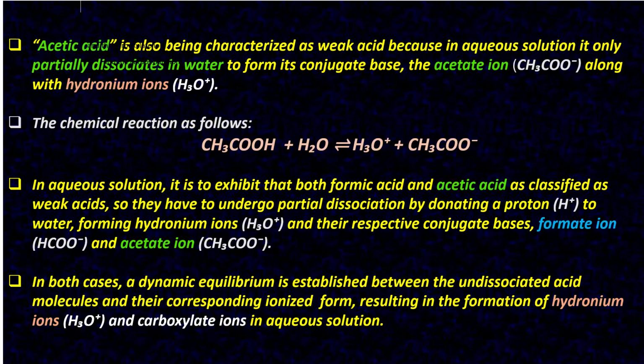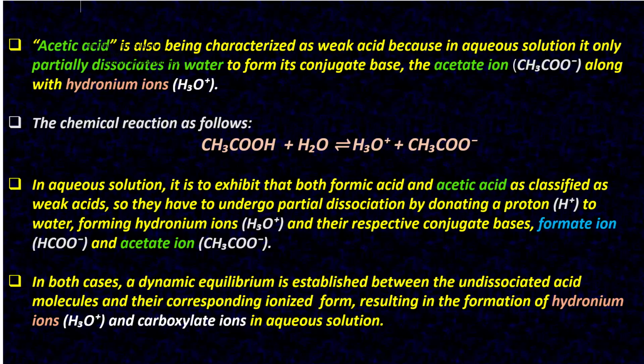Acetic acid is also characterized as a weak acid because in aqueous solution, it only partially dissociates in water to form its conjugate base, the acetate ion, along with hydronium ions. The chemical reaction is as follows: CH3COOH plus H2O equals H3O plus plus CH3COO negative.